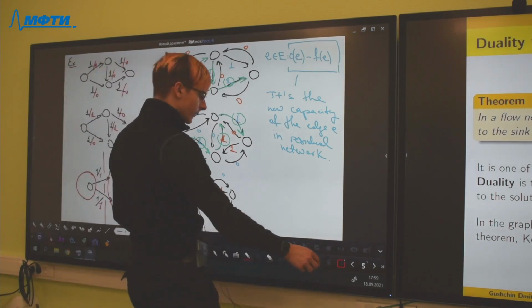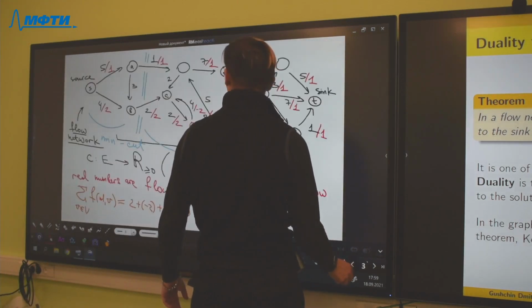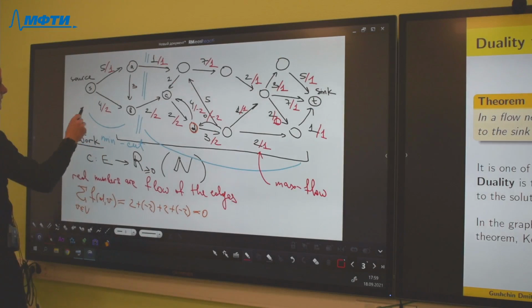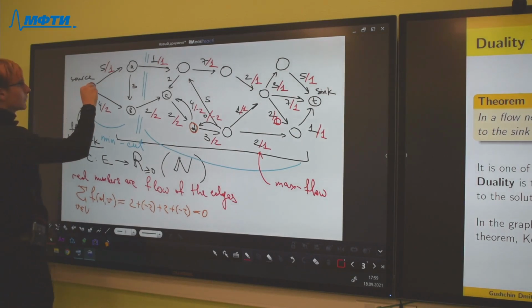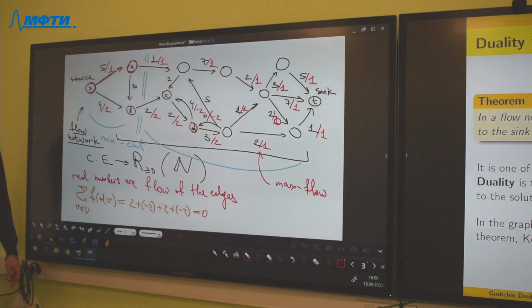For example, for the previous one, if we take the residual network from the source, we can go to A, because 5 minus 1 is equal to 4, and we have an edge from S to A in the residual network that has capacity equal to 4, bigger than 0.